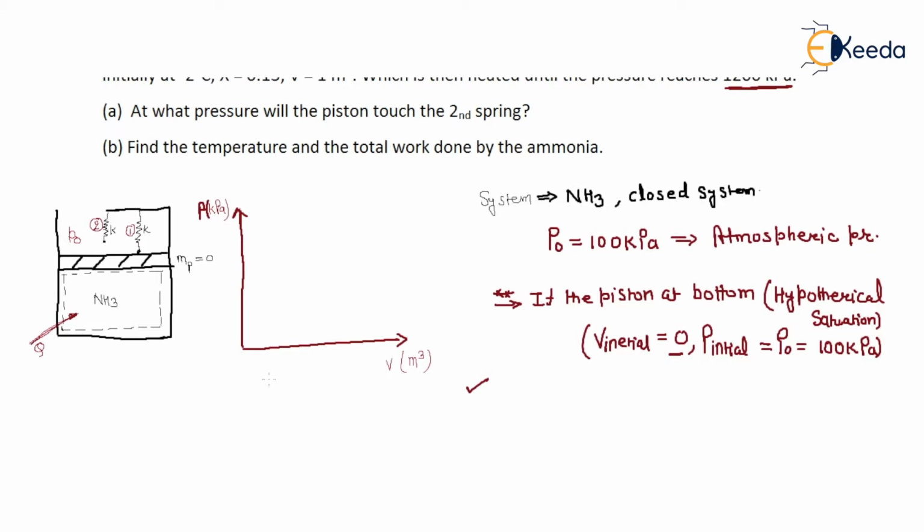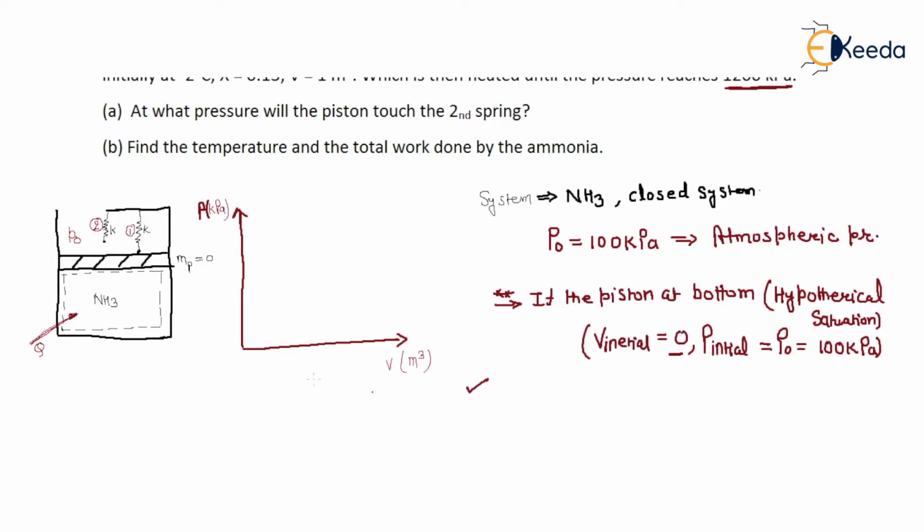Because the piston is just at bottom, right? At that limiting volume, there is an inside pressure which is balanced by the P naught pressure, because both springs are relaxed and the weight of the piston is also zero.